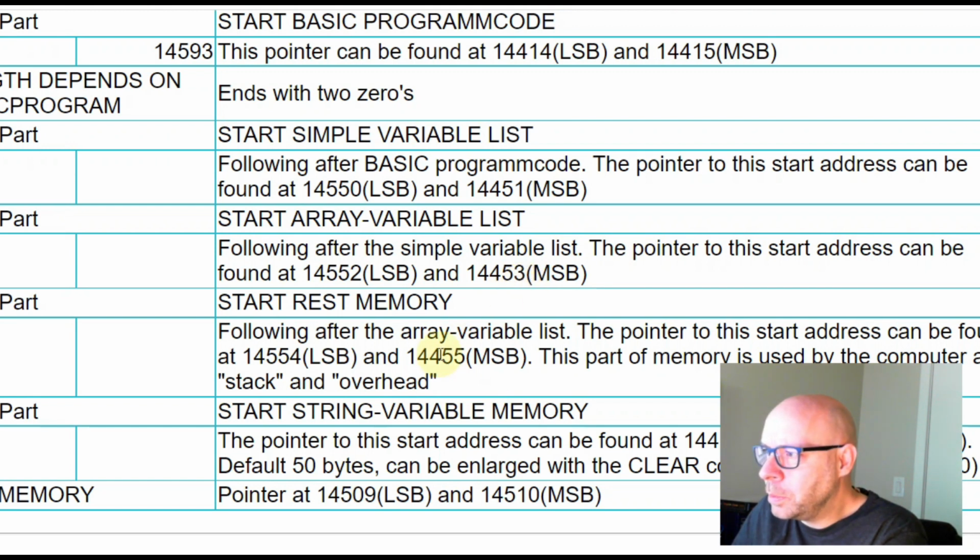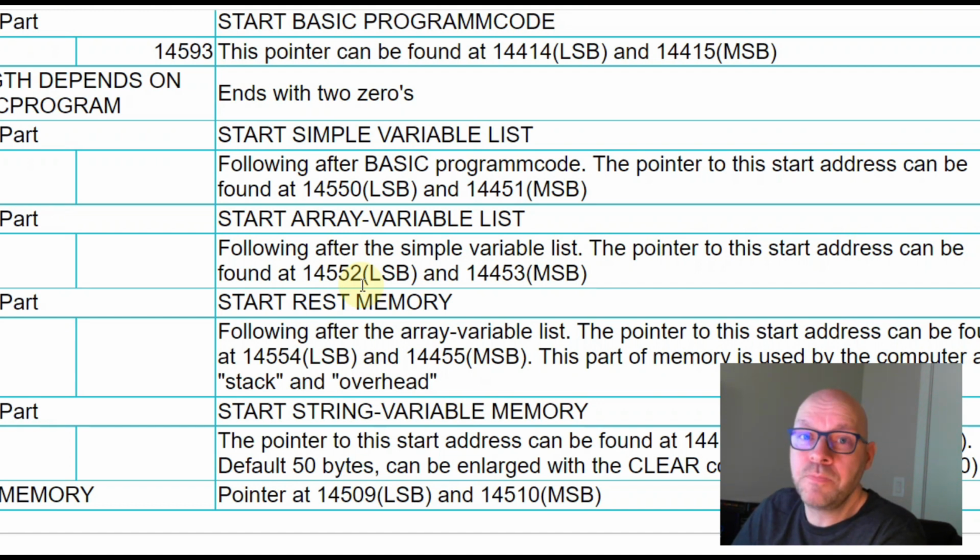And it looks like if I keep going down here, this next section seems to have a typo as well. 14554 and 14455. That should be 14555. Anyway, the two addresses we're interested in are 14552 and 14553, and we're going to extract the value that's stored in those two addresses, and combine it together into another address, which will tell us where the start of the variable array table begins.